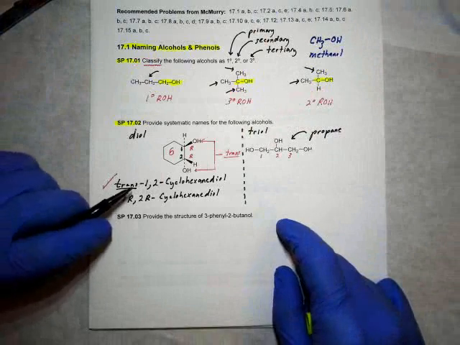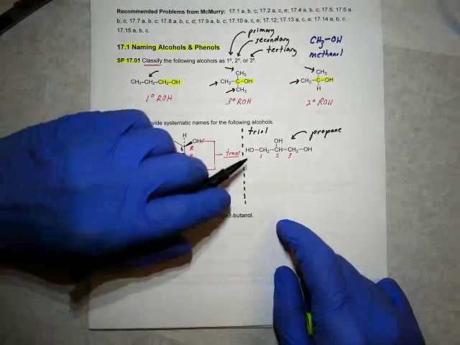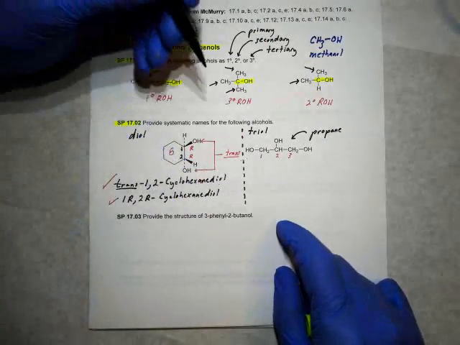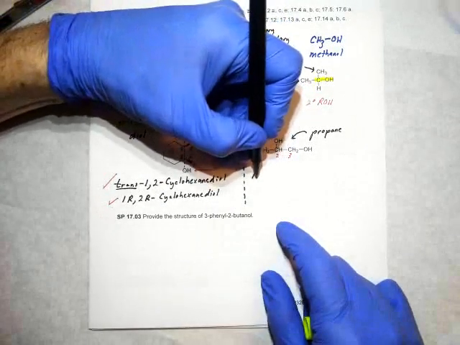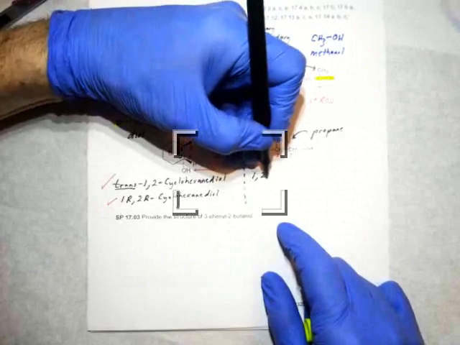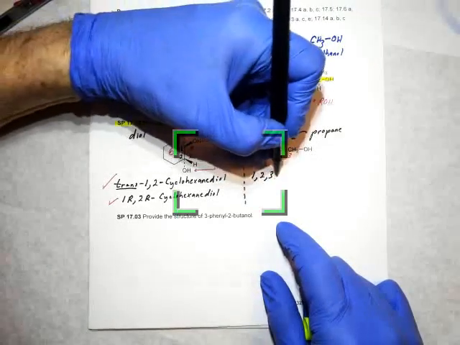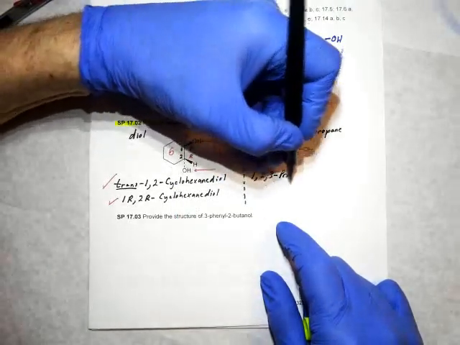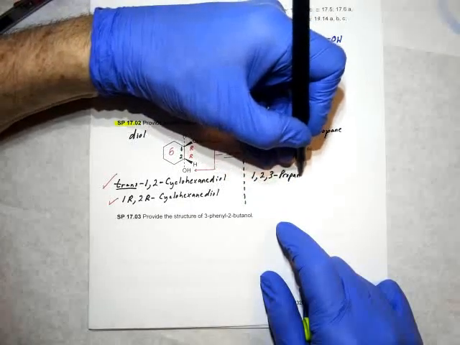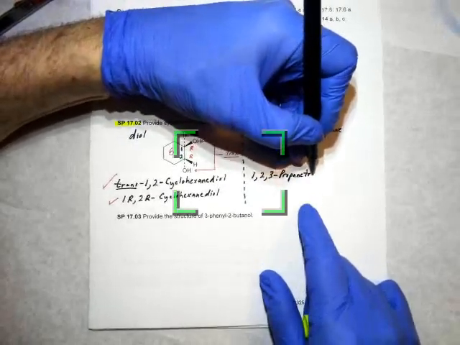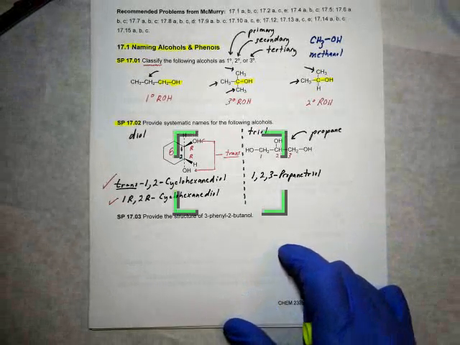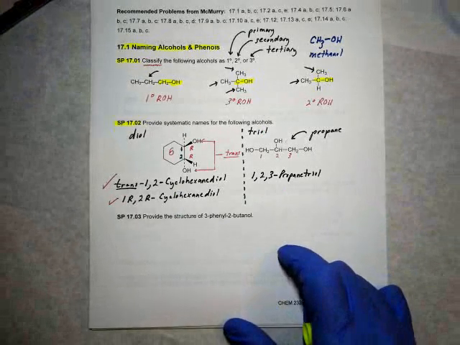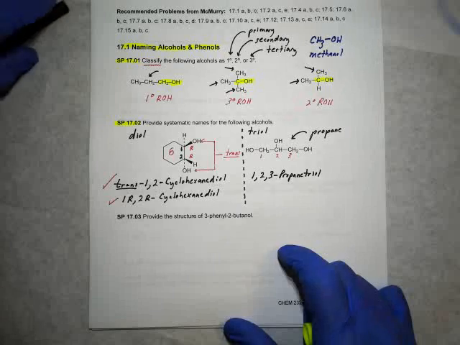So using the previous example to help us name this one, what would be the name? You would simply call it 1, 2, 3 dash propane triol, right? 1, 2, 3 propane triol, and that would be sufficient.